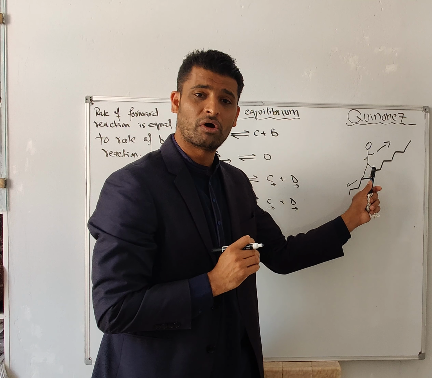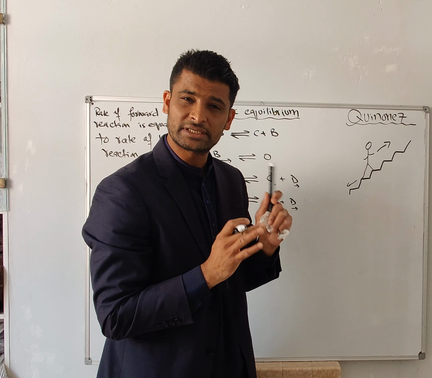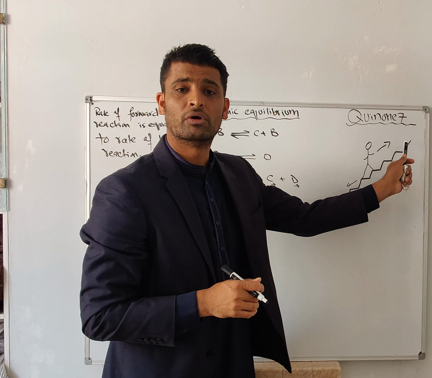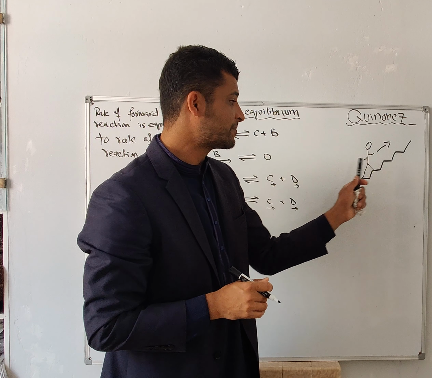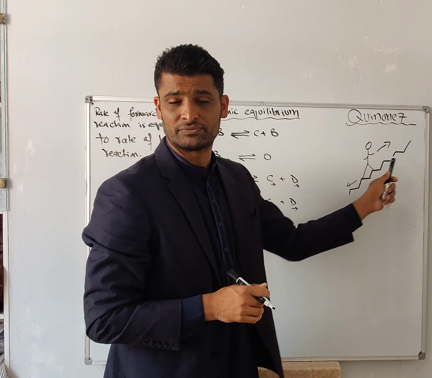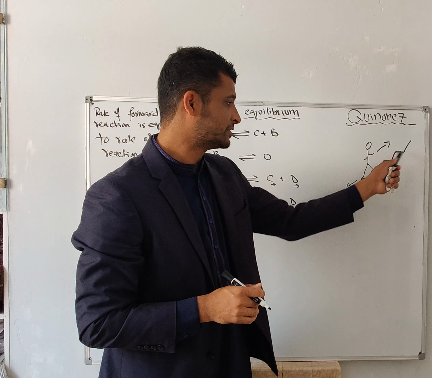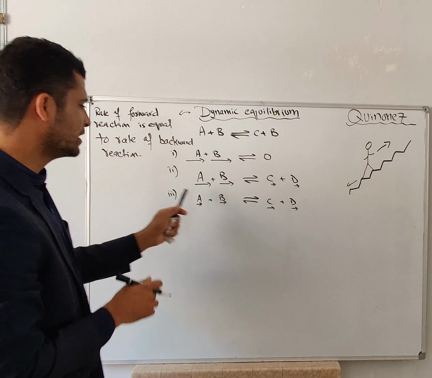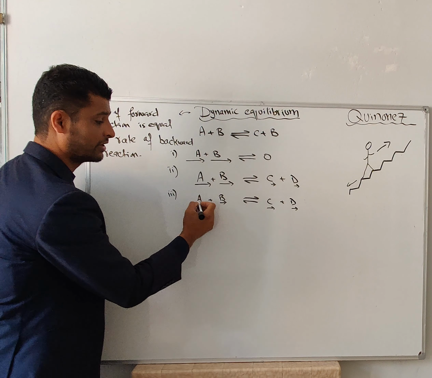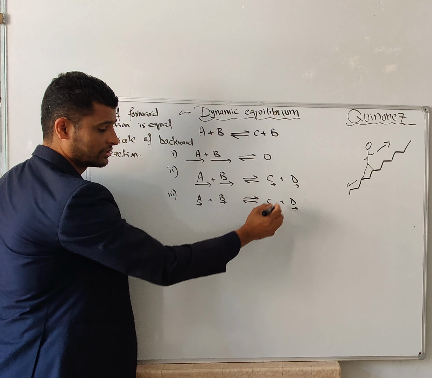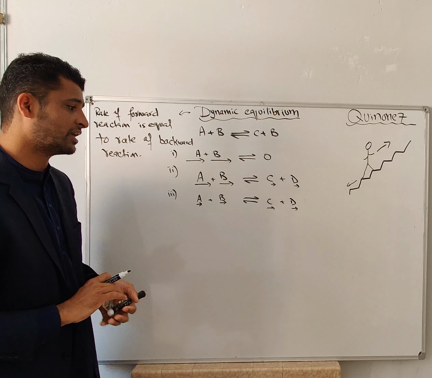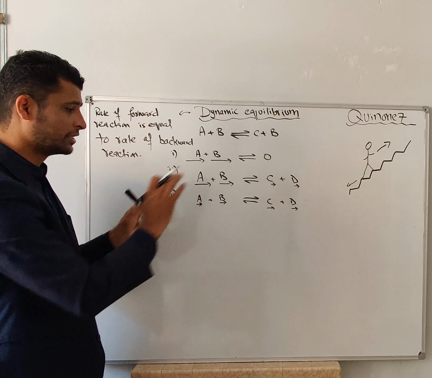If he is slower than the speed of the stairs, he is going to go backward. Same goes here. If the rate of forward direction is equal to the rate of backward direction, there is no problem in achieving equilibrium. They both are equal.